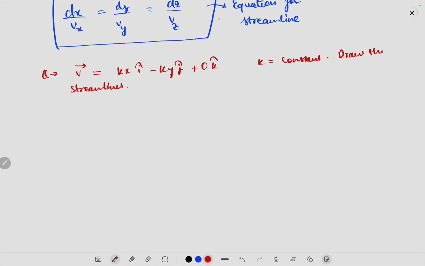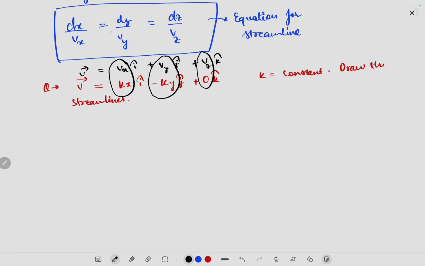So comparing this v vector with v vector equal to vx i hat plus vy j hat plus vz k hat, I get vx, vy, and vz. Now I'll use this equation.